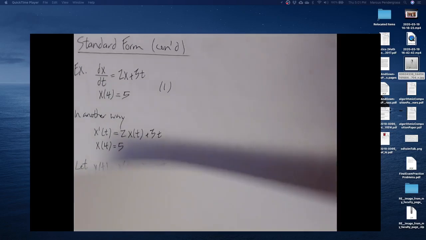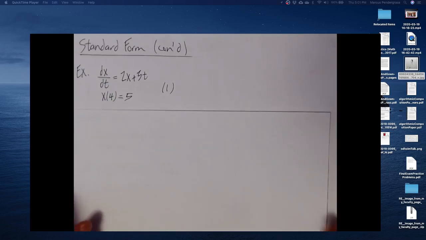Here I've given you an example of a first order initial value problem. dx/dt equals 2 times x plus 3 times t, with an initial condition that x, when t equals 4, should be 5. That is, x of 4 equals 5. So that's our initial value problem.